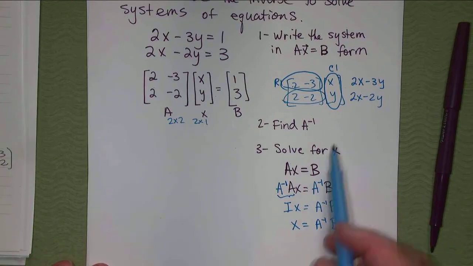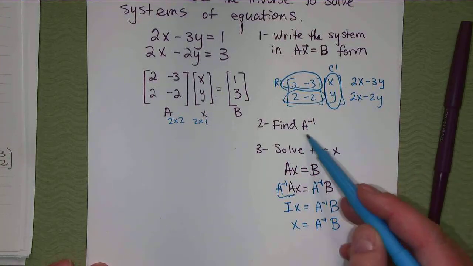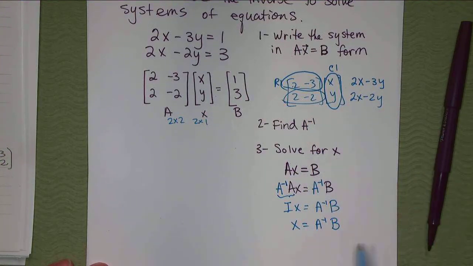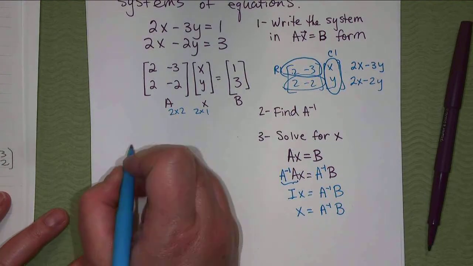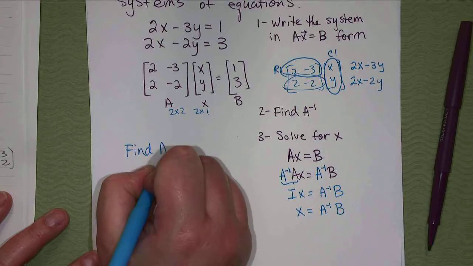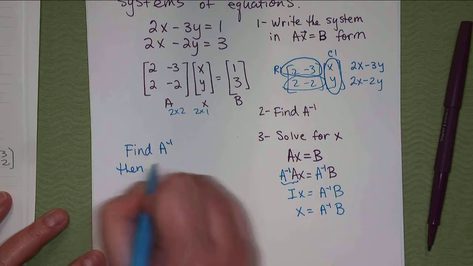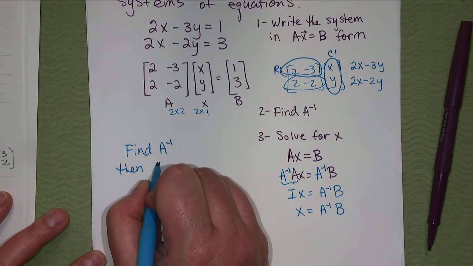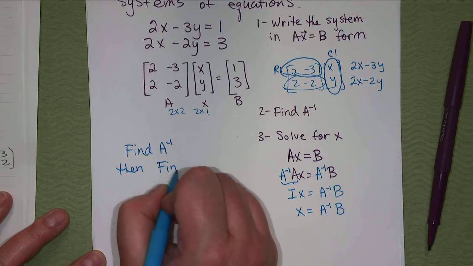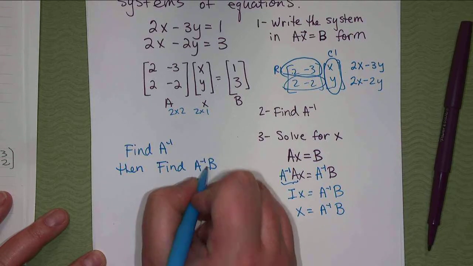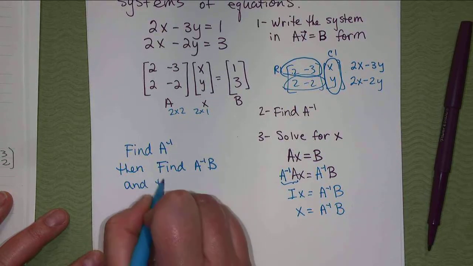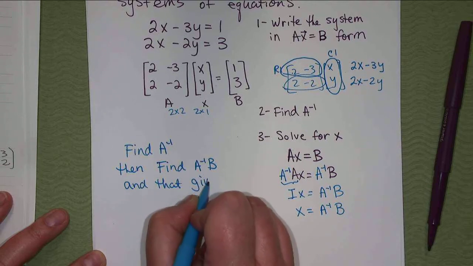So if we know the inverse, then to solve for X, to find the solution to the system, we can take the inverse and multiply by the right-hand side, and that will give us the answer. That's what this is saying. So, find A inverse, then find A inverse times B, and that gives X.